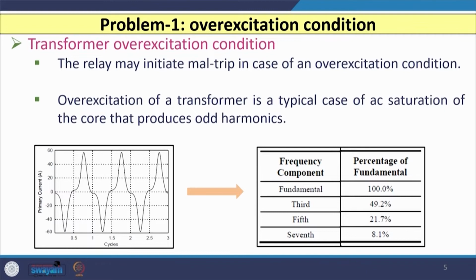Now, if I consider over excitation condition in a typical power transformer, you can see I have shown the primary current waveforms with reference to time in terms of cycles, and if I take the harmonic contents of this current waveform, you can observe that the over excitation condition is nothing but the AC saturation of the core, which produces harmonics, more specifically odd harmonics.